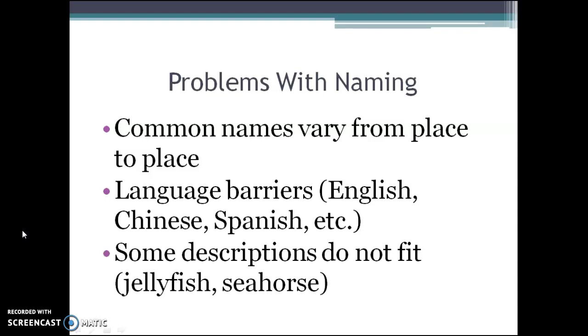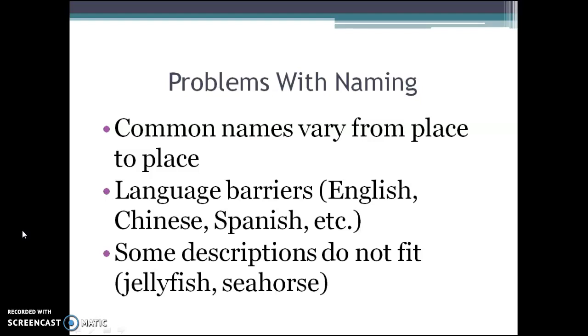Common names vary from place to place, as we looked at in the mountain lion and the northern pike. But there's also language barriers. There's many languages out there. You know, we speak English in our daily life typically, but you might speak Spanish at home. You might speak another language.